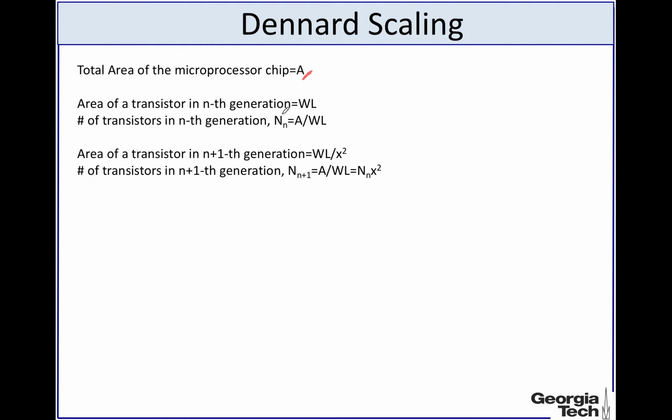So the number of transistors in the nth generation is A over WL, and we denote it by Nn.